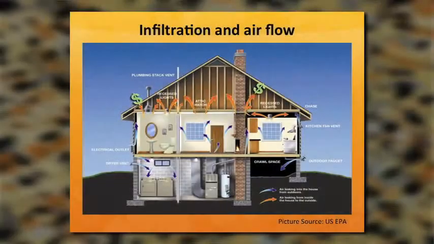But before we do that, let's look at a review of how air moves through a building, and infiltration and exfiltration. Because of stack effect, really most of our exfiltration is happening up at the ceiling line.